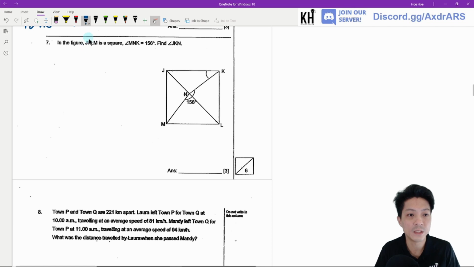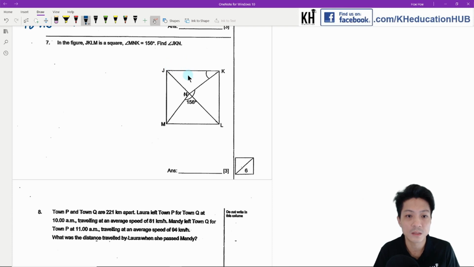Okay, question 7. In the figure, JKLM is a square. Angle MKN is 156, it's already labeled over here. Find angle JKN. This question has a bit of a problem because they never tell you if JL is a straight line or not.